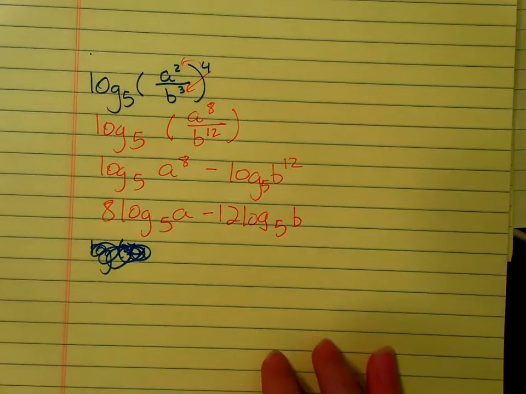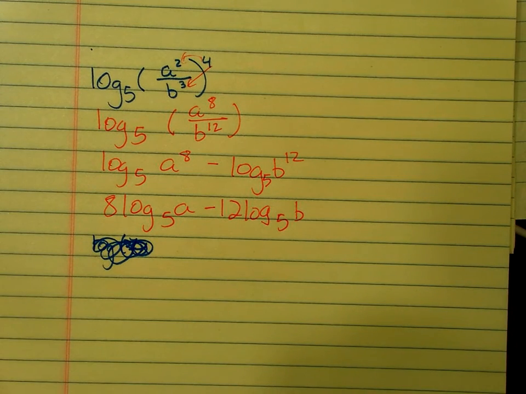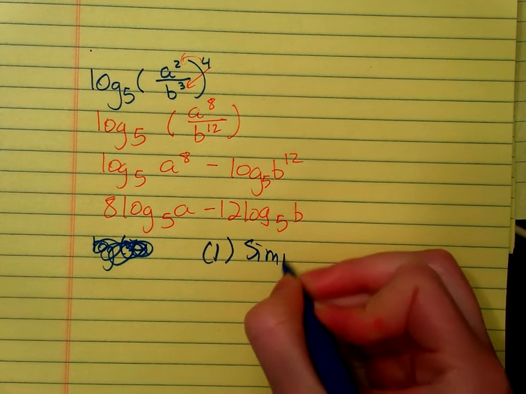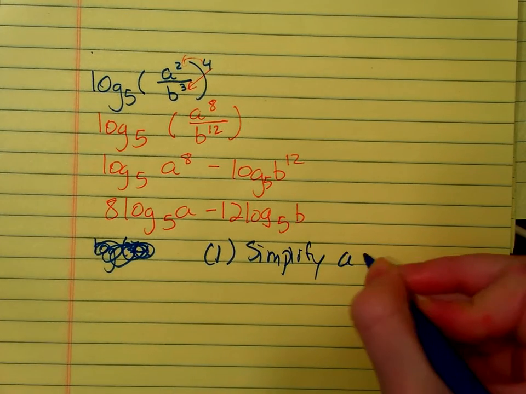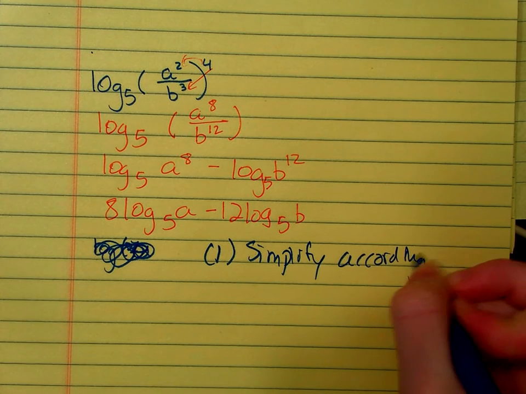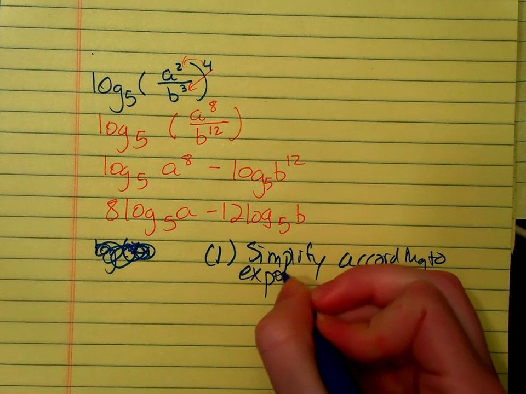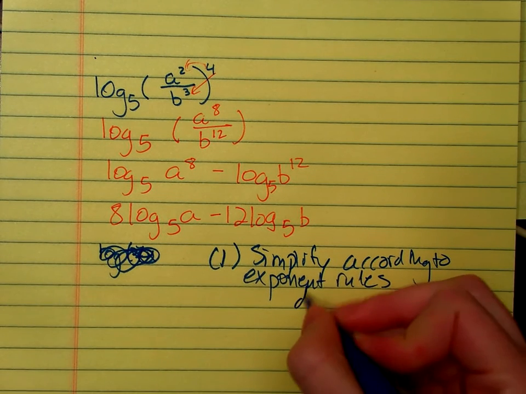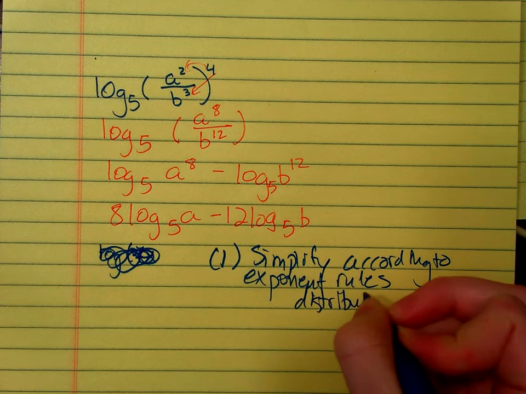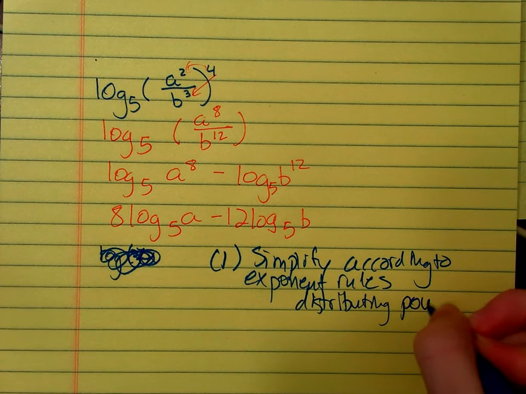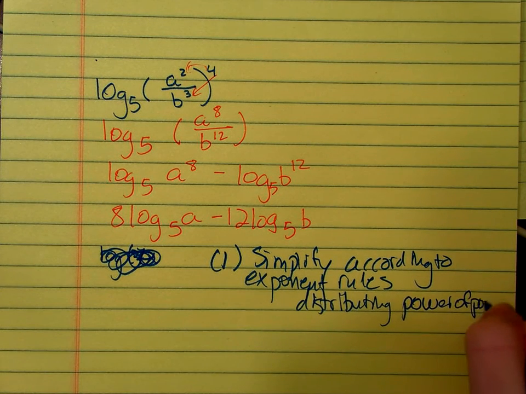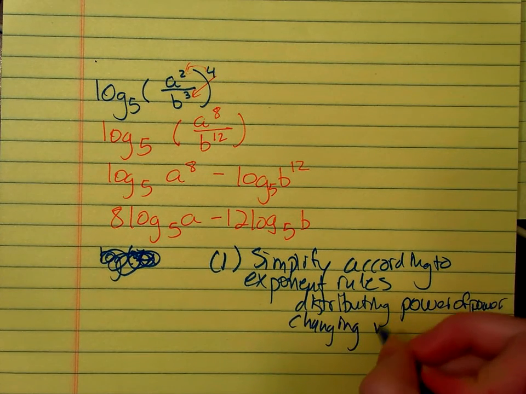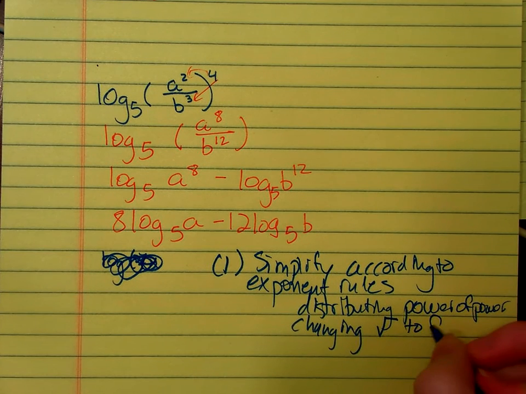So let's rehash these steps a little bit. You always first want to simplify according to exponent rules, whether that be distributing a power of a power or changing a root to a fraction.